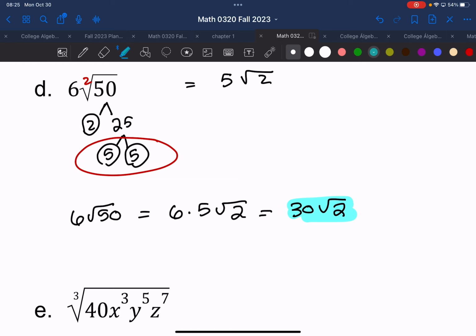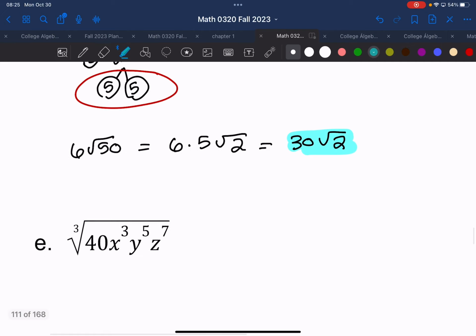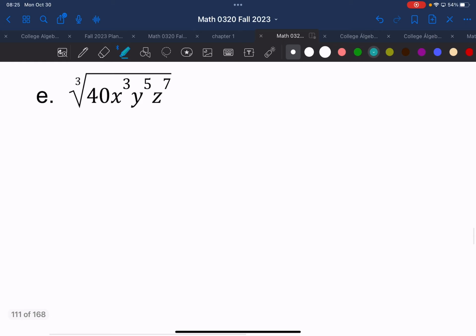Okay. So we talked about what to do when we have variables, what to do when we have numbers. Now we're looking at a problem that has both numbers and variables. So what I would do first when I have numbers and variables in one problem is I would use that property of radicals and I would separate each of these.